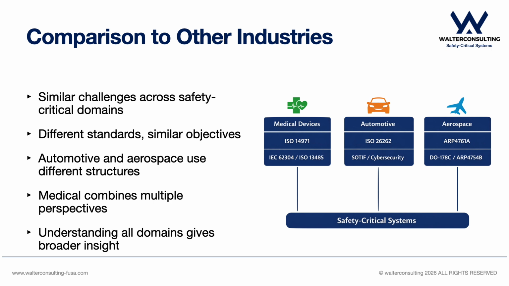All these domains deal with safety-critical systems. They all aim to ensure safe behavior. But the structure is different. In medical devices, safety is distributed across multiple standards. In automotive, it is more centralized. And in aerospace, it is based on analysis methods. Understanding these differences helps you transfer knowledge across domains.